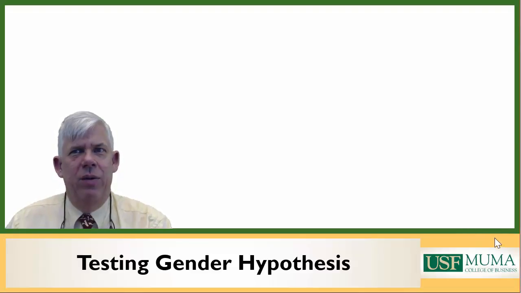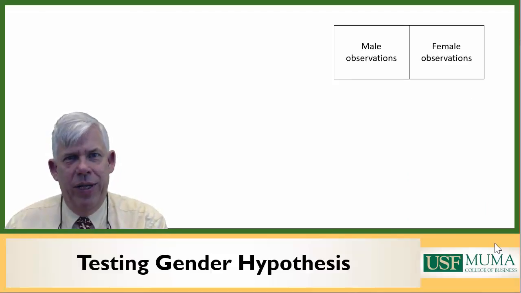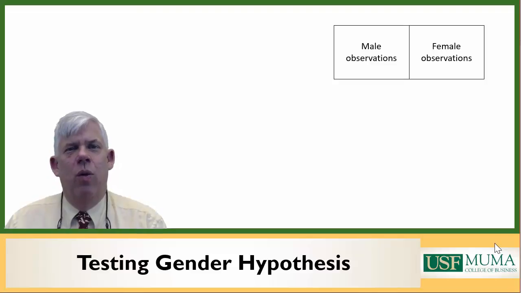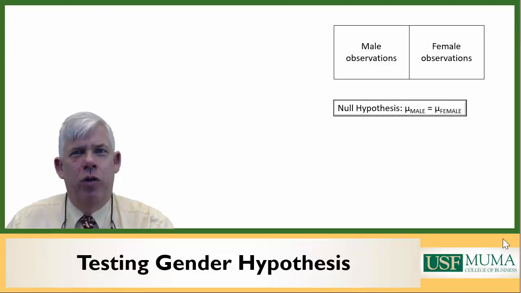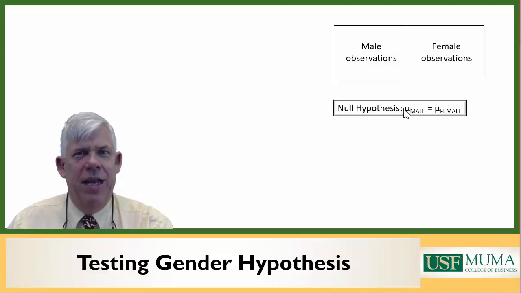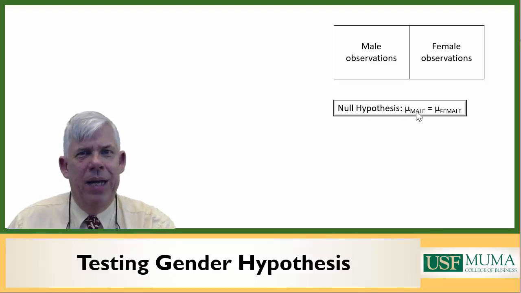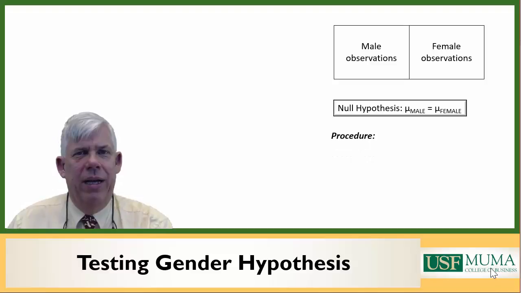So what we really need to do is think about two different blocks, the male observations and the female observations, and we want to make a determination: are their true means the same? So our null hypothesis is that the true mean for men and the true mean for women are exactly the same. So how do we conceptually go about doing that?